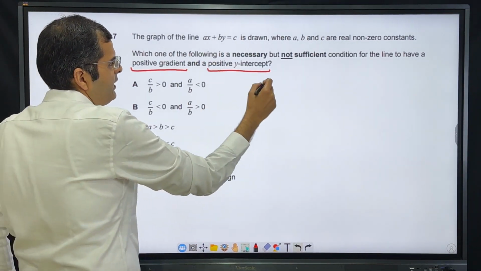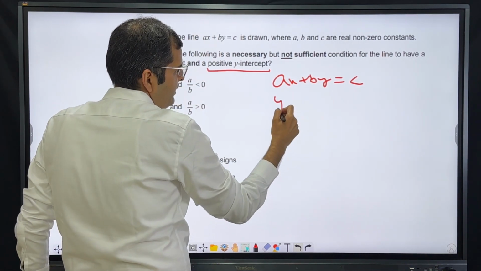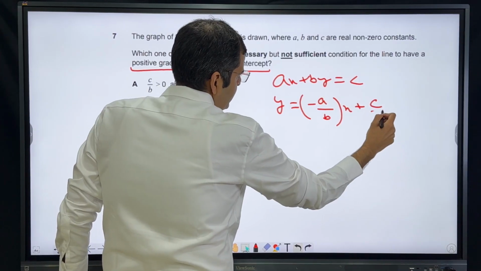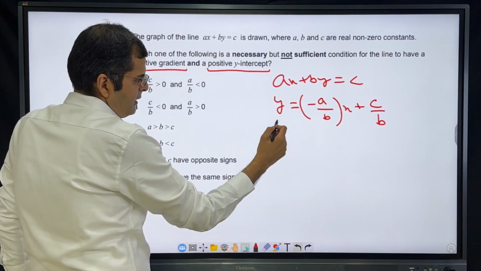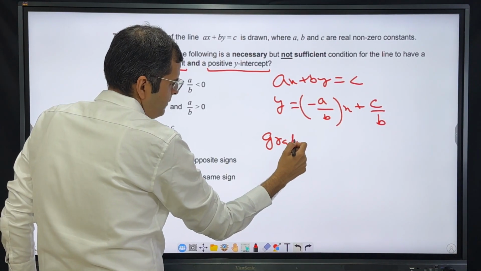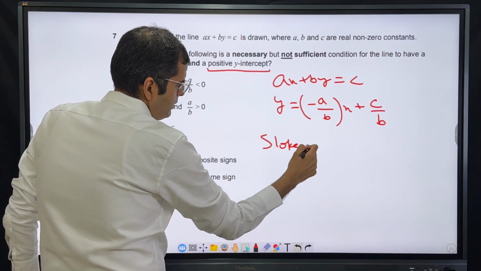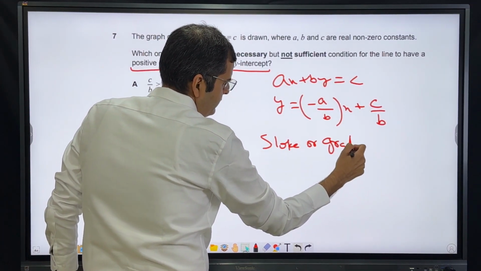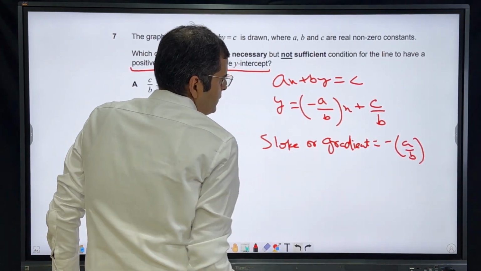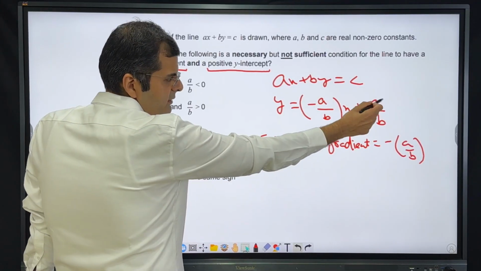Okay. Now here the equation of the line is AX plus BY is equal to C. So I can write y is equal to minus A by B x plus C by B. Here slope or gradient is minus A by B. Equation is of the form y equal to mx plus C, where C is the y-intercept.